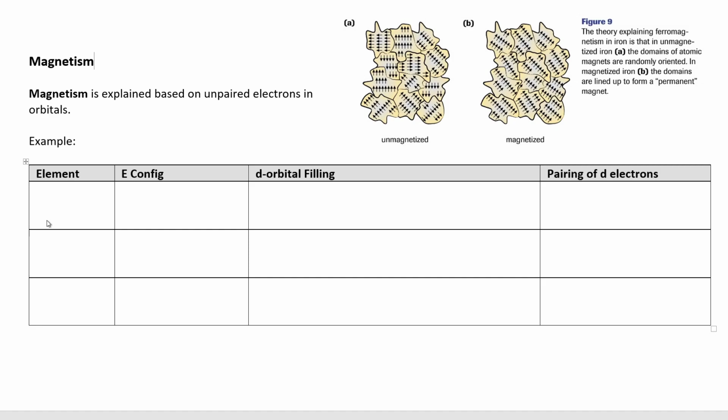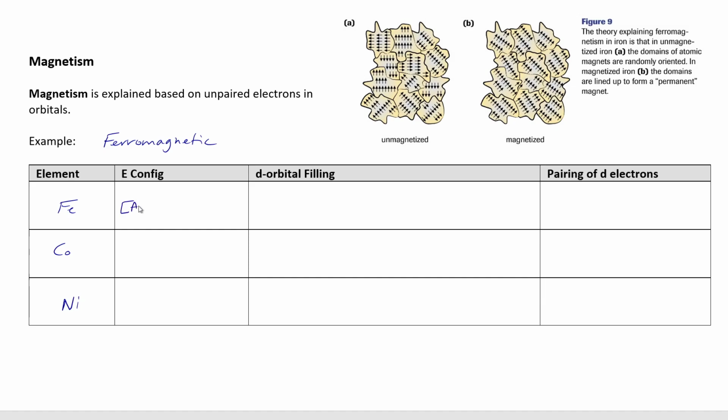There are three ferromagnetic substances that we are going to look at. The three ferromagnetic elements are iron, cobalt, and nickel. And their electron configurations are as follows.